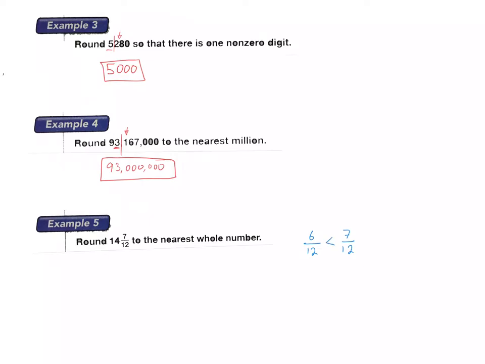Well, 7/12 is bigger. So that means I'm going to want to round up to that 14. It needs to round up to 15 because 7/12 is bigger. If it had been 5/12, then I would have left it there at 14. So then I'm going to say, okay, this is about 15.